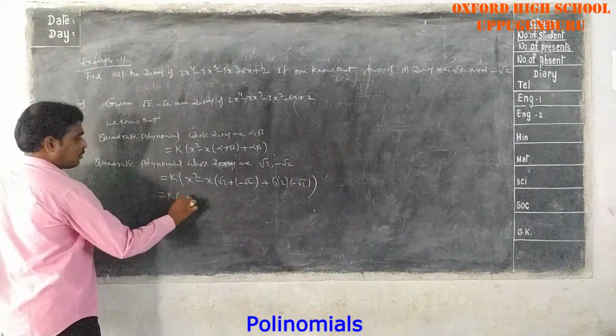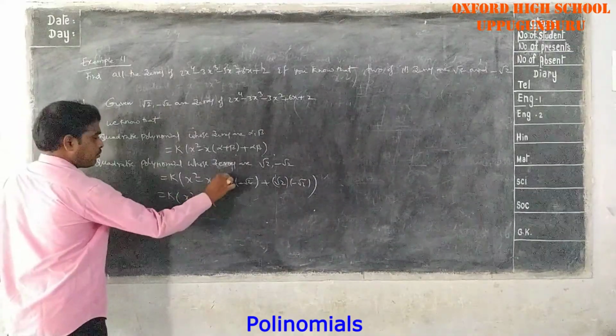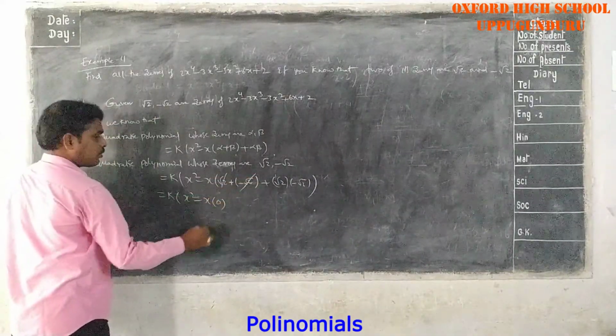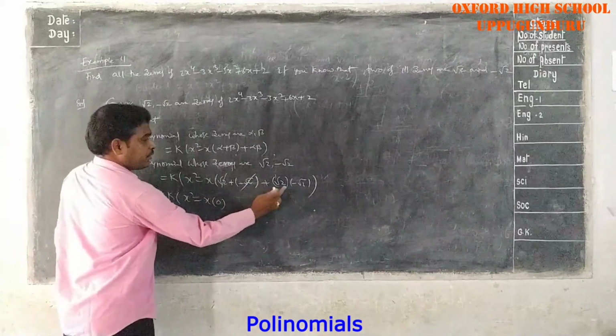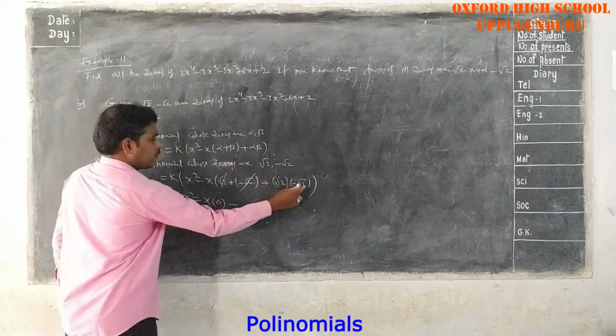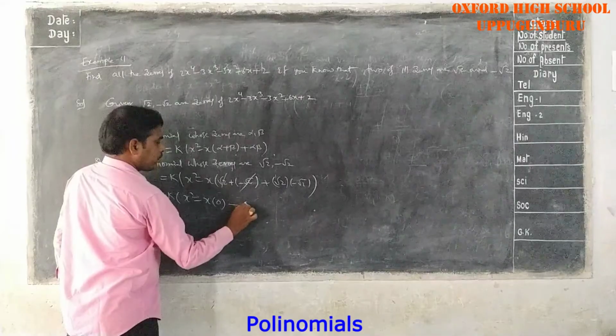K of x square minus x into root 2 minus root 2, which will get 0, plus into minus, minus root 2 into root 2, whole square. Root 2 whole square means 2.